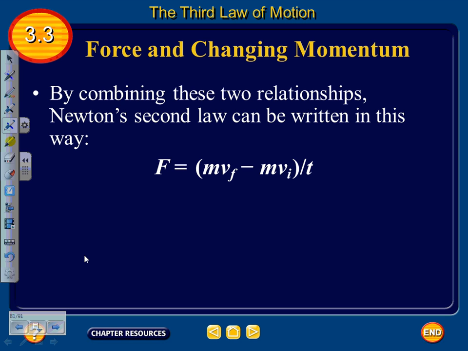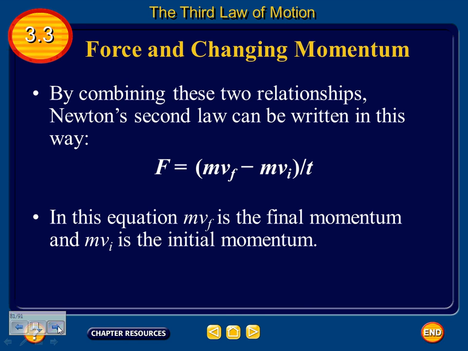By combining these two relationships, Newton's second law can be written in this way. Force, and again, remember this is Newton's second law, equals mass times the final velocity minus mass times the initial velocity, divided by t, the time.